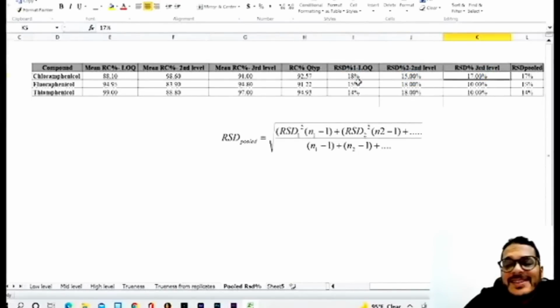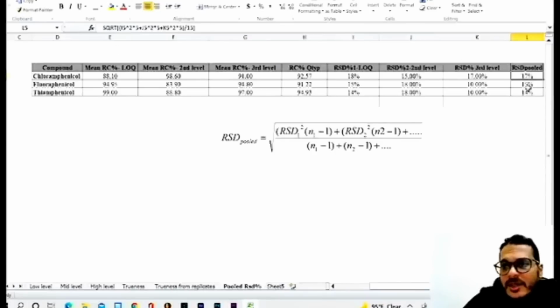All of them should be less than 20% to be within the acceptable range, according to the matrix analyzed or the guideline used. Sometimes, according to the matrix, it will be higher or less than 20%. So I will calculate the pooled relative standard deviation from this equation.